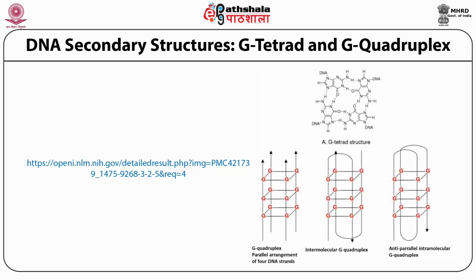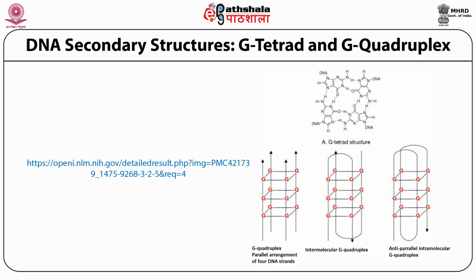These are all guanine bases, and they can form Hoogsteen base pairs among themselves, and 4 guanines can come together. That's why it's called a tetrad structure. At the bottom we have shown 3 different possibilities of this tetrad. Now this tetrad would have one plane, and different tetrads can come in the stacking plane and form G-Quadruplex.